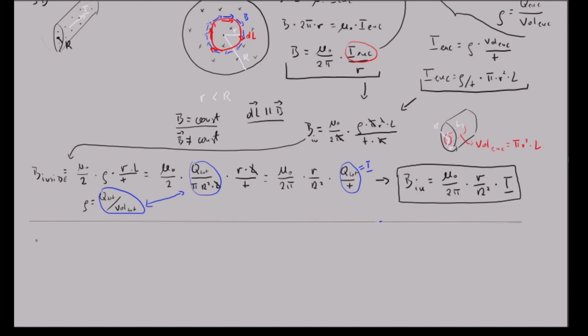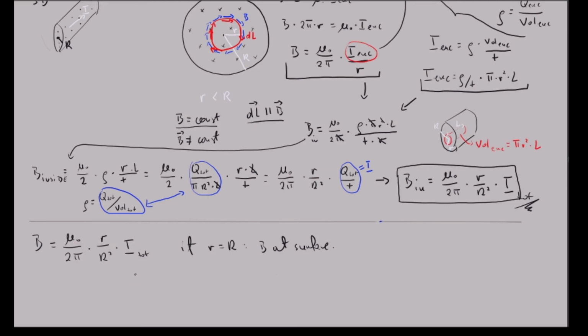Let's rewrite it so that what we have is magnetic field equals μ₀ over 2π times little r over big R squared times I, and this is the total current that flows through the wire. Well, if little r is equal to big R, then we're calculating the magnetic field at the surface. B at surface.